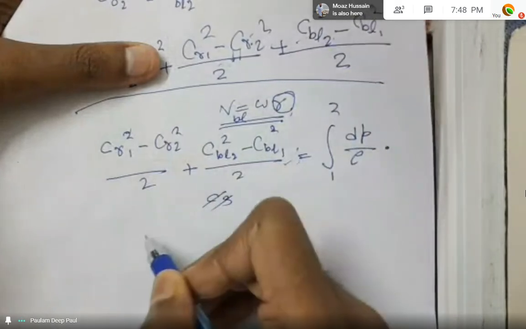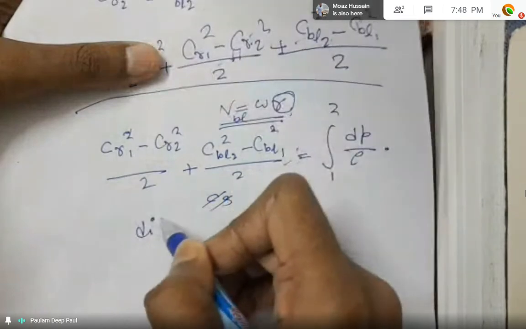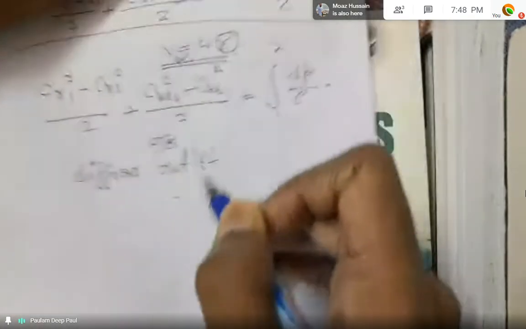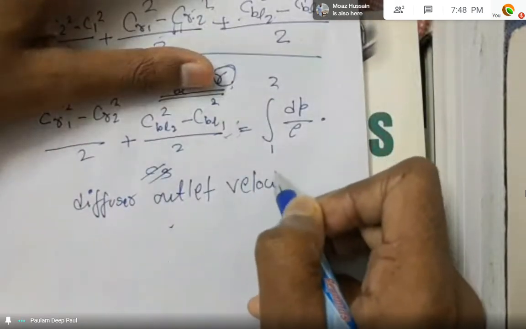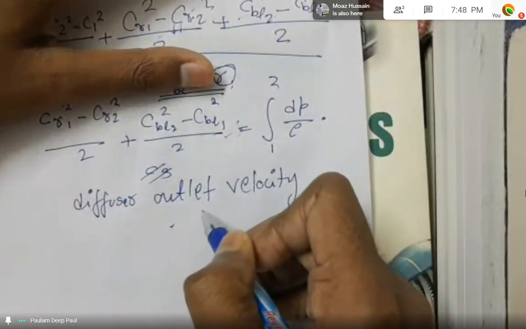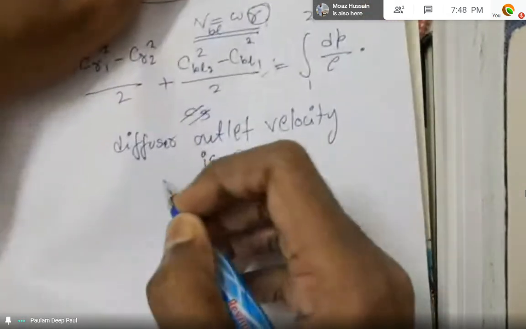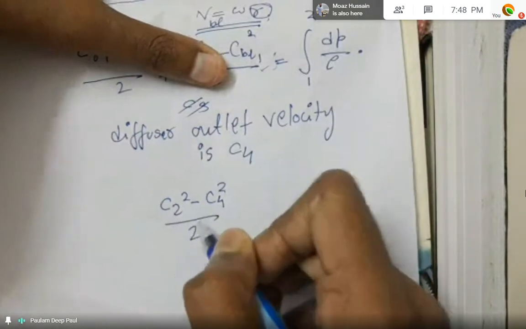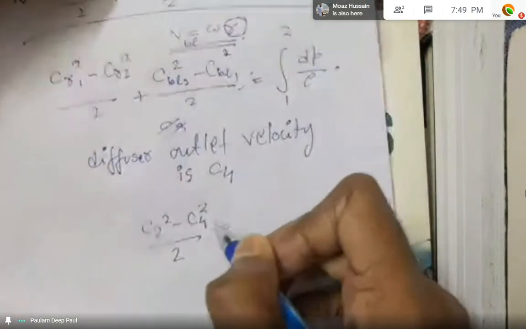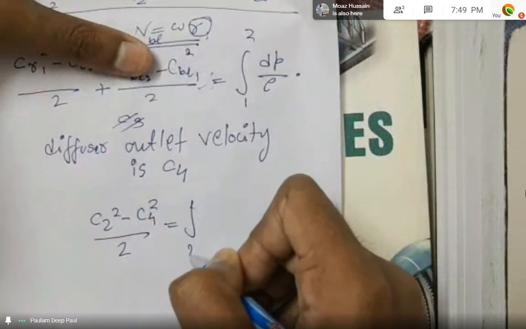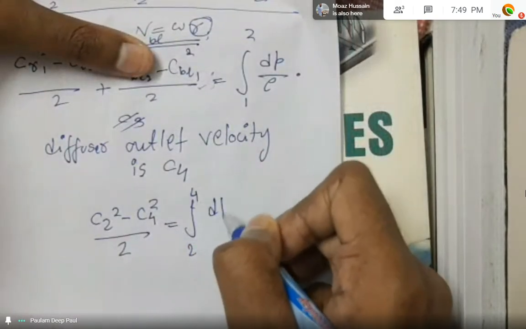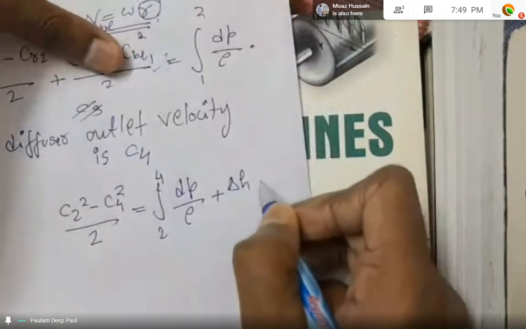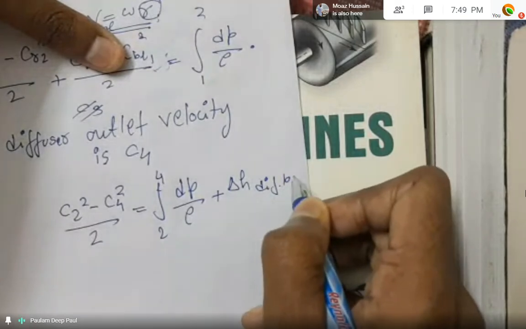So if we write the diffuser outlet velocity as C4, we can say C2 square minus C4 square upon 2 should be equal to the integral from 2 to 4 of dP by rho, plus delta H, that is the diffuser loss.